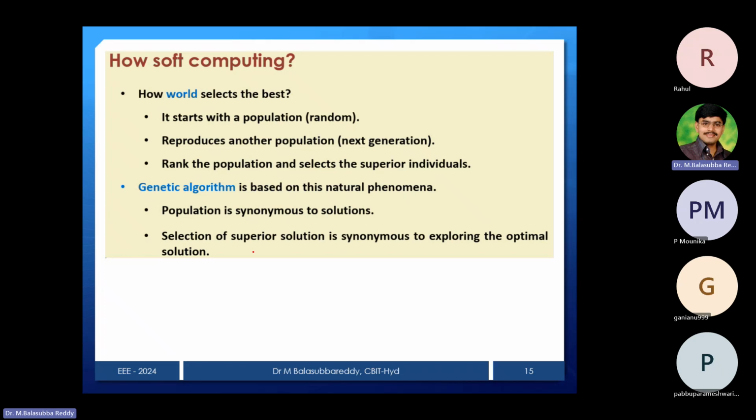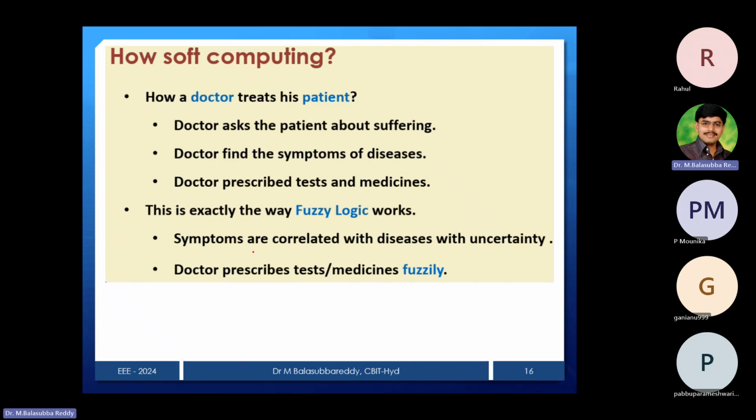Select the superior solution, in synonyms. Sometimes we call it a population, sometimes we call it a solution. That is also one of the things. The superior solution is synonymous to exploring the optimal solution.